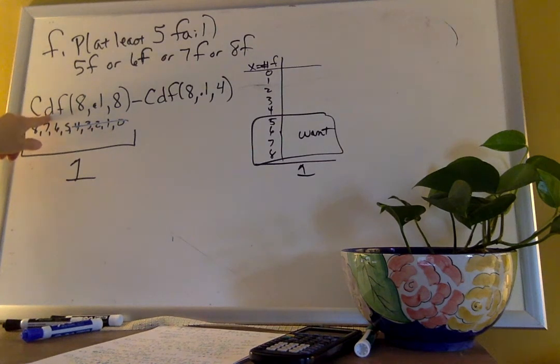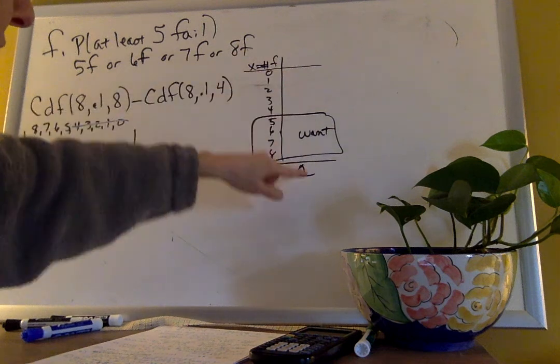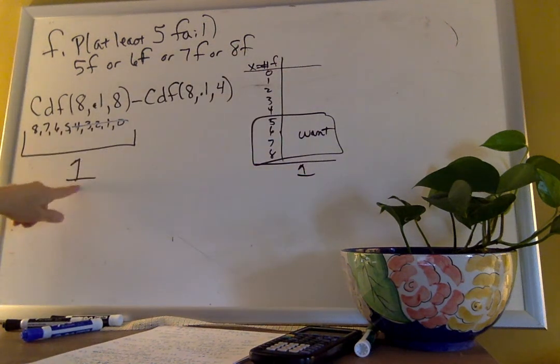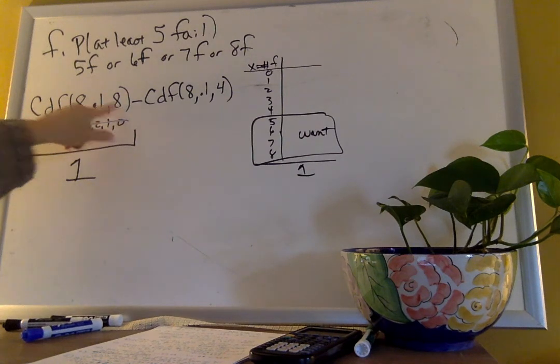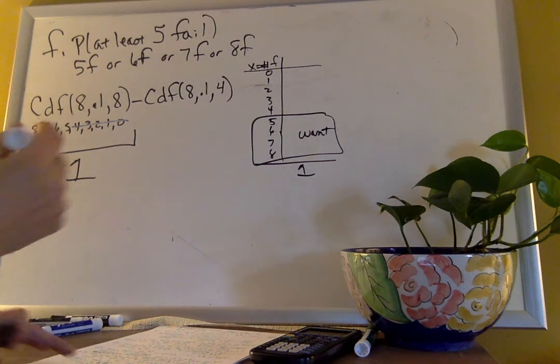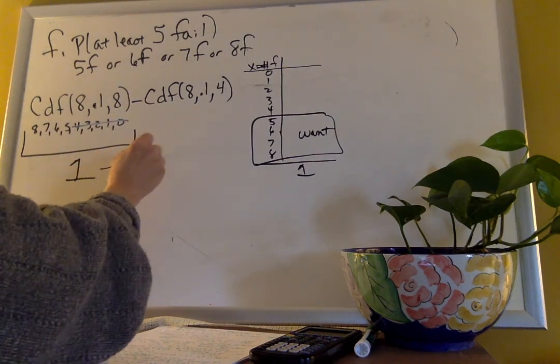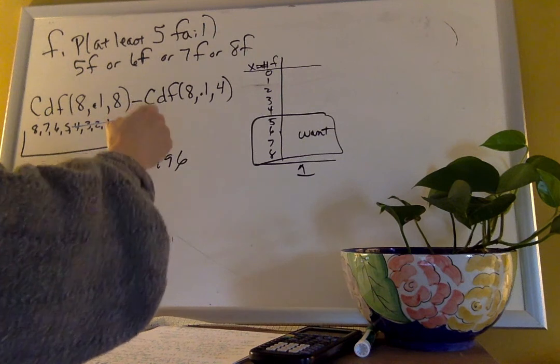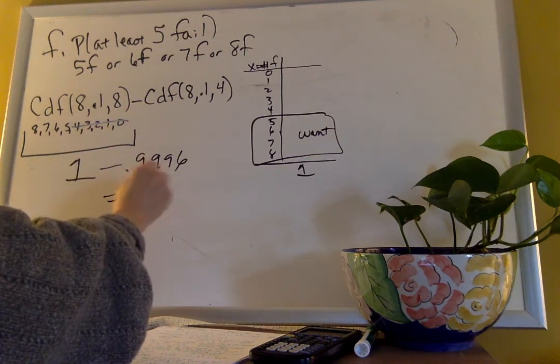If you're doing the cumulative, you're adding up all the probabilities at every possible x, right? That all probabilities add to 1. So I wanted to make sure that you understood that, of course, the CDF at the total is 1. All probabilities add to 1, the unit whole. The other guy is 0.9996, so you end up with 0.0004.